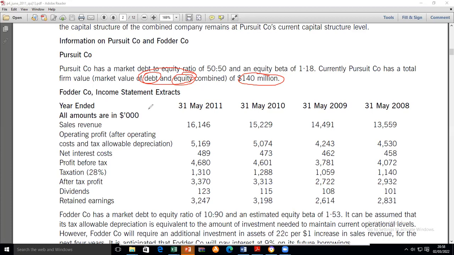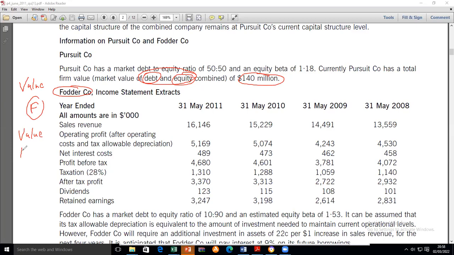Fodder company income statement extracts. Now they're giving us information on Fodder. Remember, we need to put value on Fodder, and also we need to put a value on the combined company.